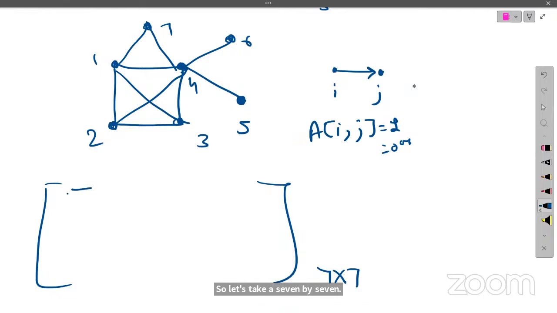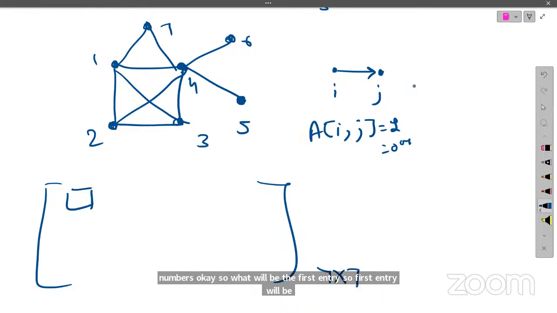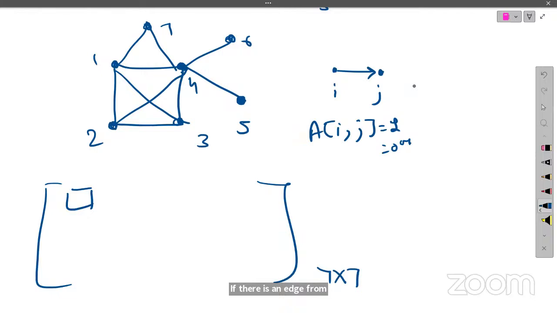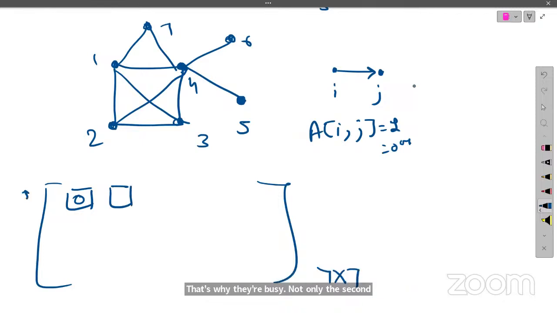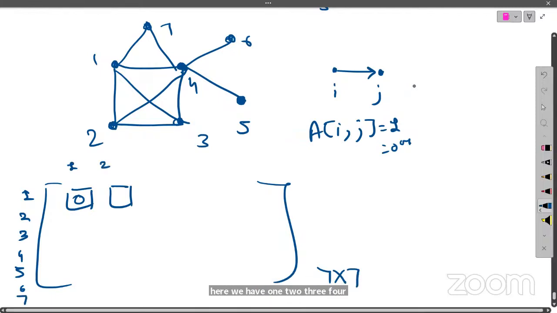Okay, so what will be the first entry? If there is an edge from 1 to 1, then I'll take the entry here to be equal to 1, otherwise 0. But we know that we are not considering the self loop. That's why the entry will be 0. Now what will be the second entry? So here we have 1, 2, 3, 4, 5, 6, and 7.